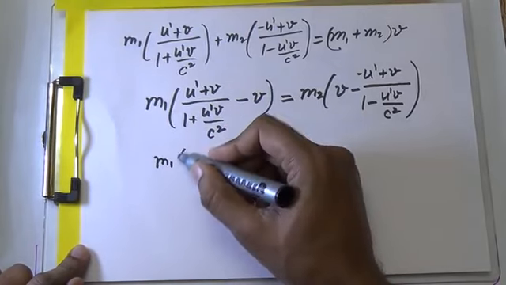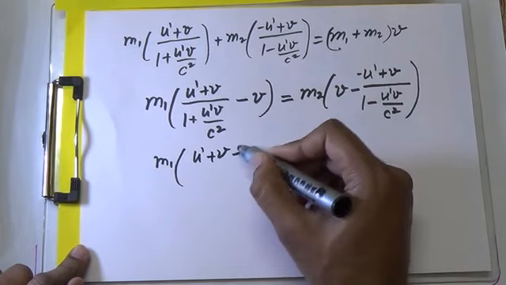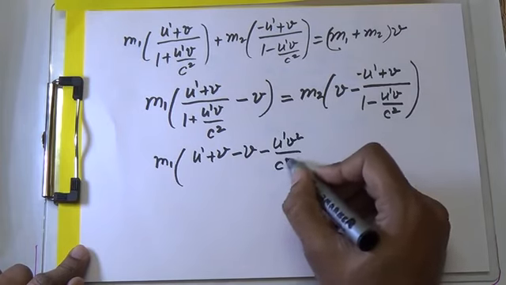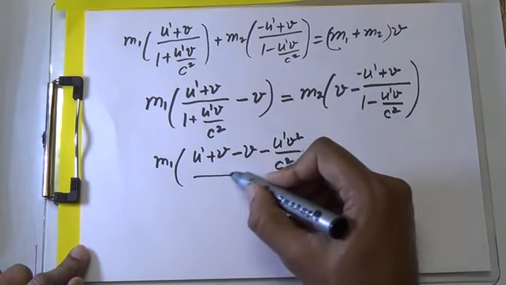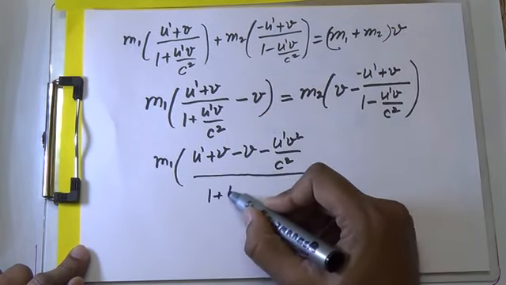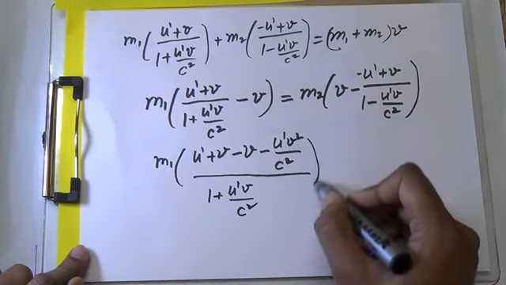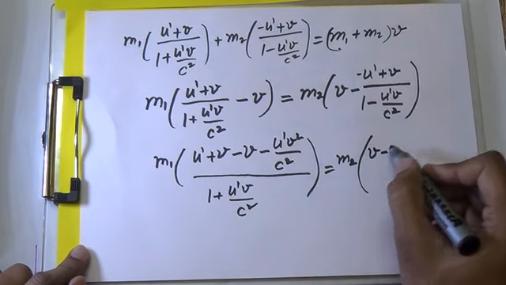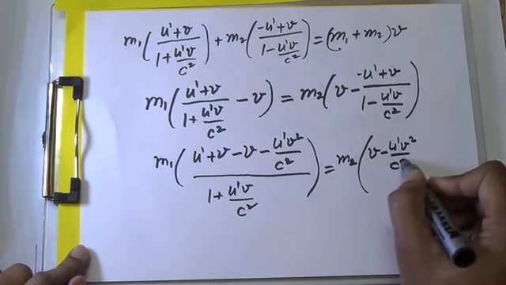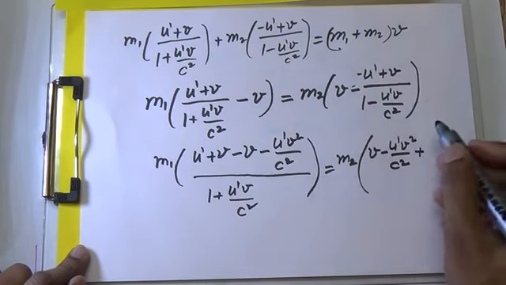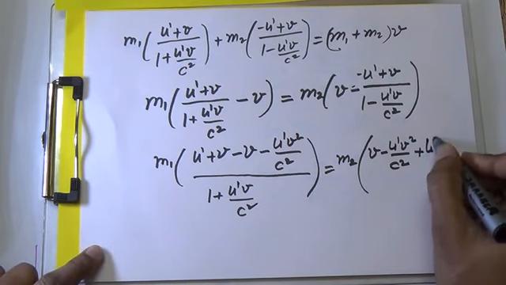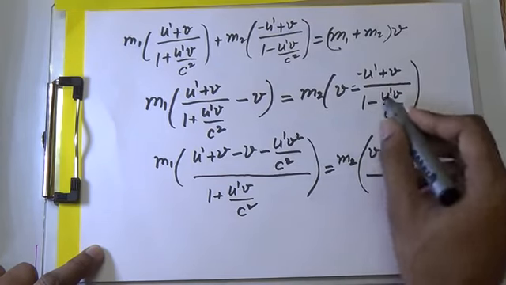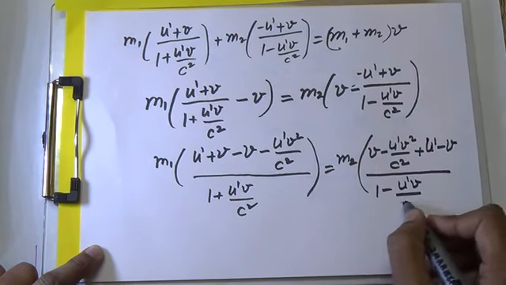So m1 into u prime plus v minus this v minus u prime v square upon c square, and upon this factor 1 plus u prime v upon c square, and into the right hand side similarly m2, this v minus u prime v square upon c square plus u prime and that minus v, upon this factor 1 minus u prime v upon c square.